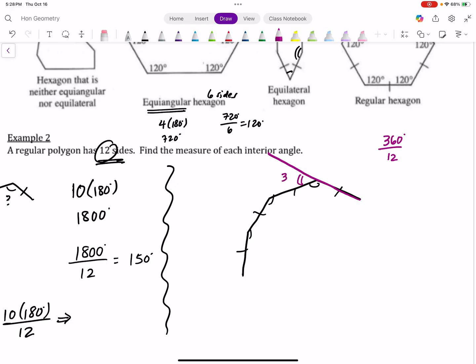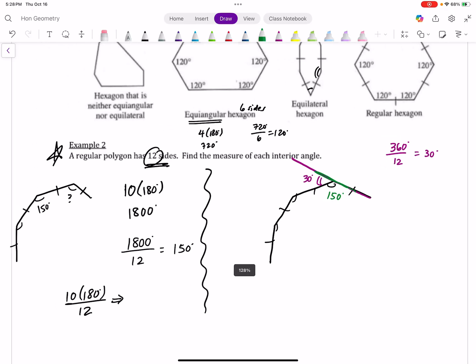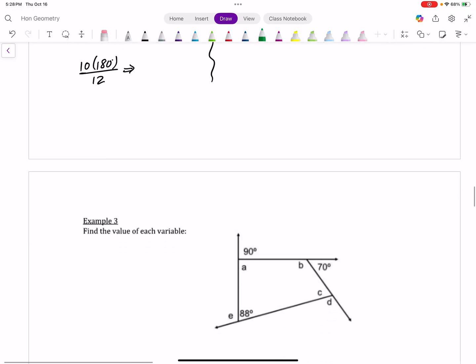That makes each of these 30 degrees, which, according to the linear pair postulate, because there sits a line, that makes that 150 degrees. And you better believe that is the way I'm going to do it. So I'm not going to do it the other way.